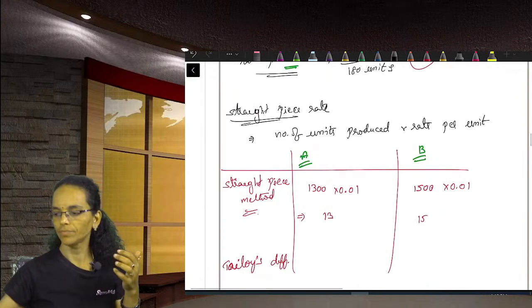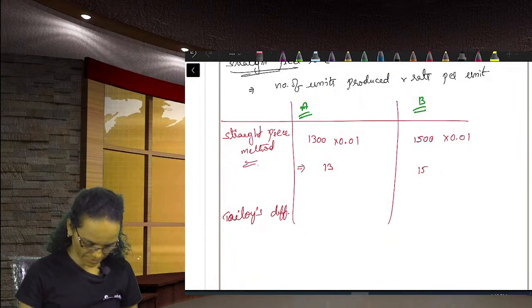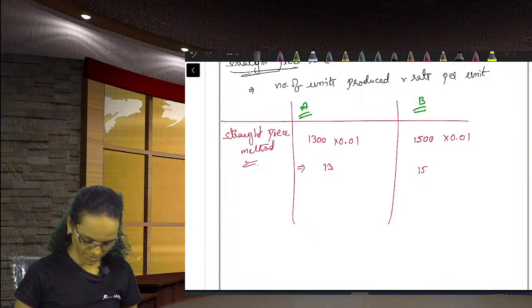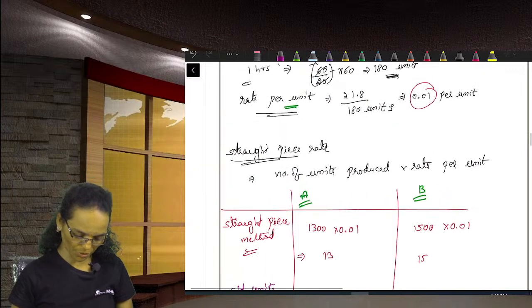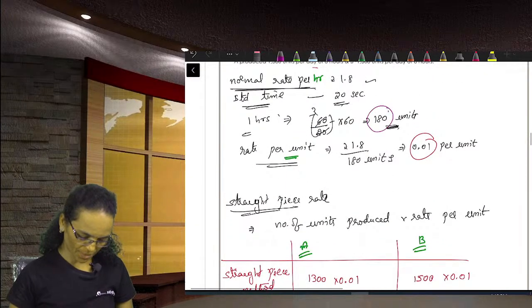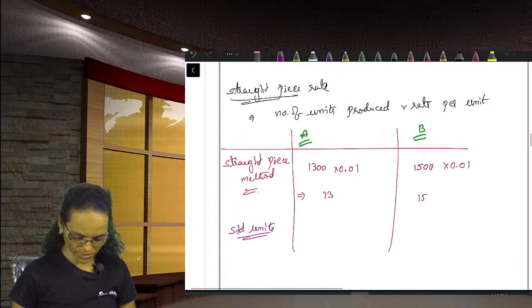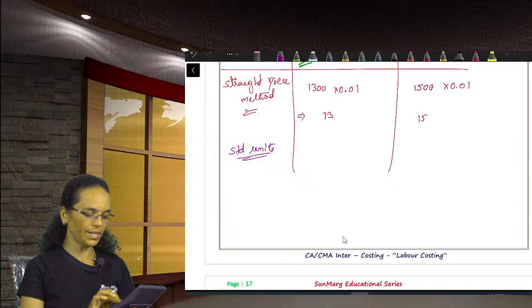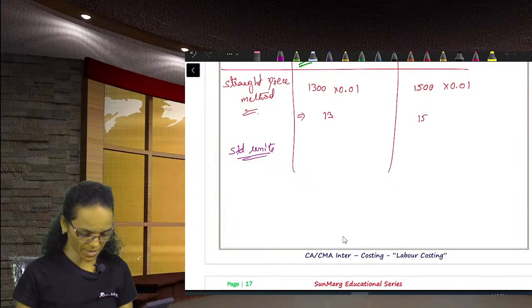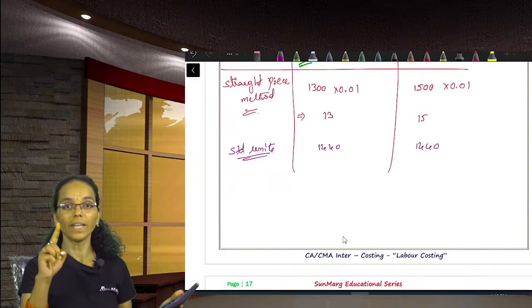First, the standard units. How many units do they have to produce? 180 units per hour, and they work for 8 hours. So standard units are 180 into 8, that is 1440 units in a day.